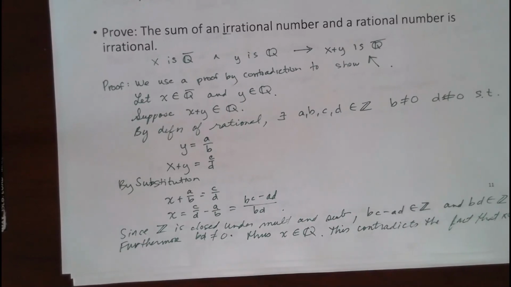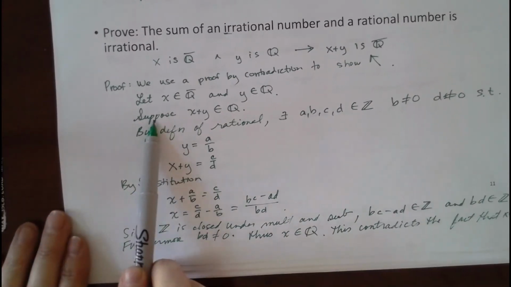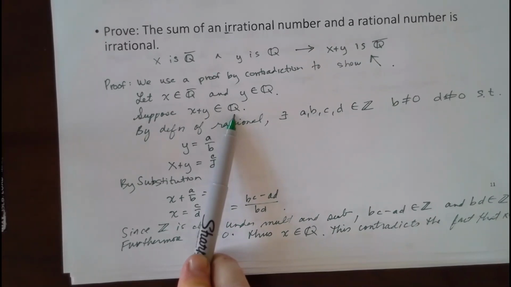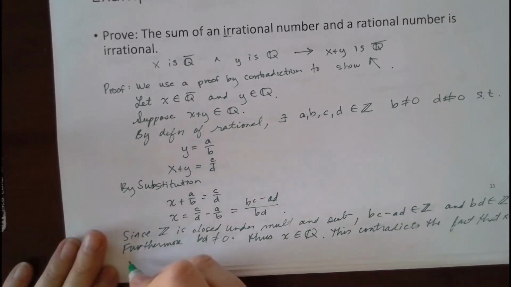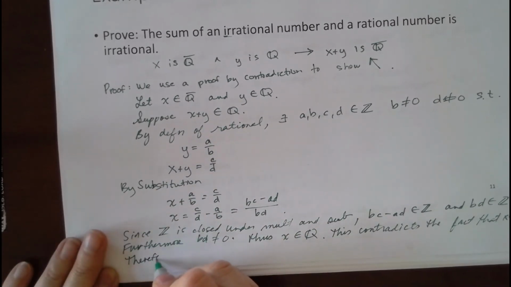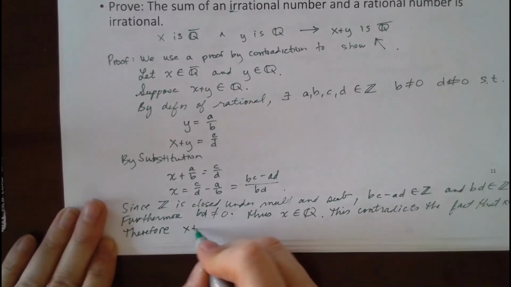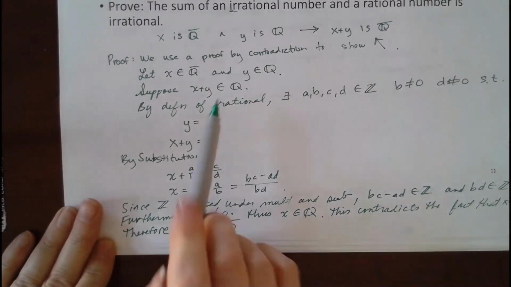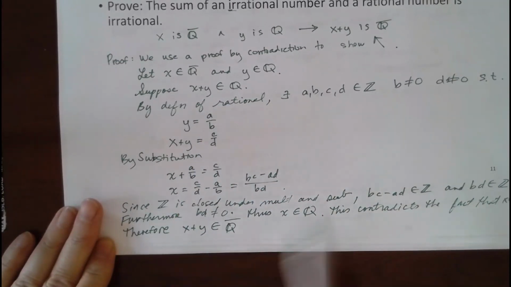So where does that lead us? When we supposed that this was true, it led us to a contradiction. There's no possible way this could have been true because it leads us down a path that gives us something false. This must be wrong. Therefore, x plus y is actually an irrational number. That's false, so this must be true.